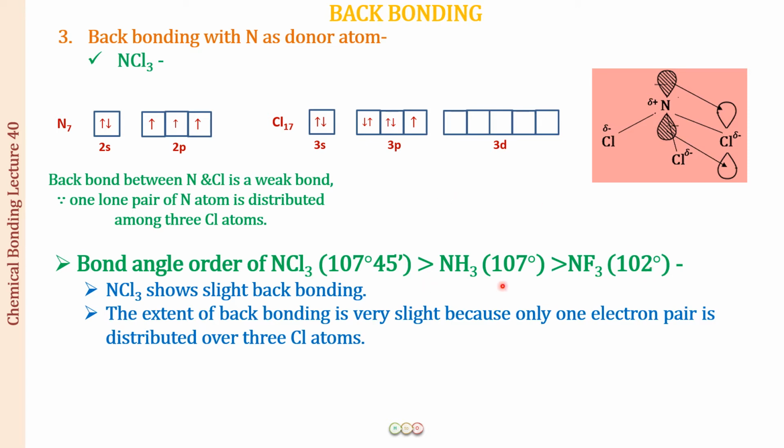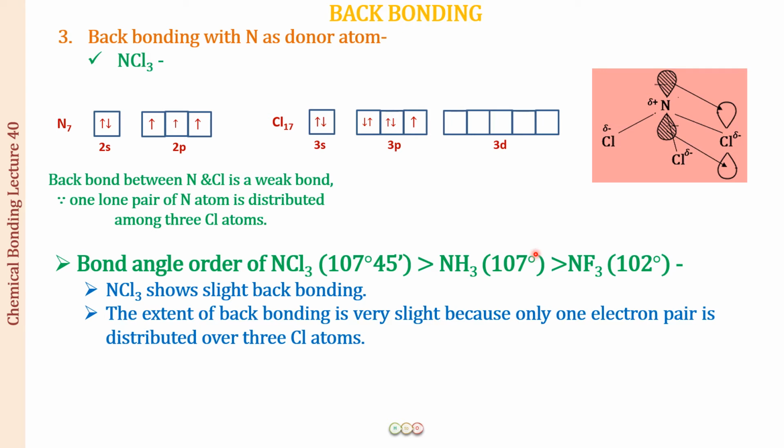So here, NH3 again has nitrogen with one lone pair of electrons and 3 sigma bonds with hydrogens. This is a deviation from the normal sigma bond angle of methane, 109.5 degrees, to 107 degrees because of the presence of a lone pair of electrons.